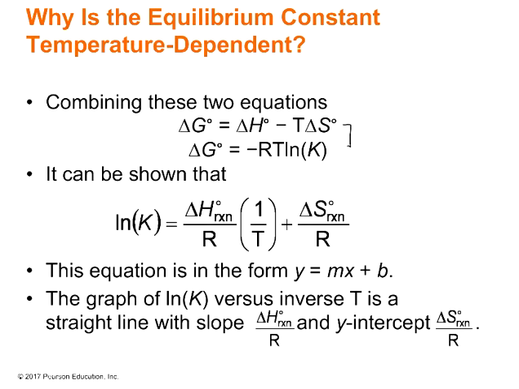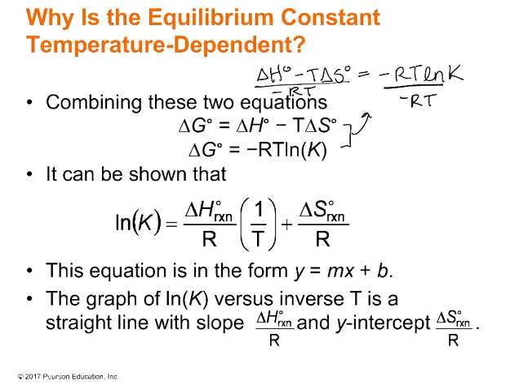So if we combine these two reactions here, we can set delta H minus T delta S equal to negative RT ln of K. And if we divide both sides by negative RT, we end up with the equation shown here, where the natural log of K is equal to the enthalpy change of the reaction over the gas constant times 1 over temperature, plus the change in entropy of the reaction over the gas constant.